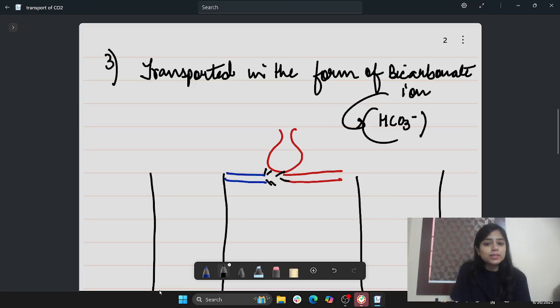Here the diffusion takes place. That means the oxygen will enter into the blood and the carbon dioxide rich air will enter into the alveolus. That is what's happening here.